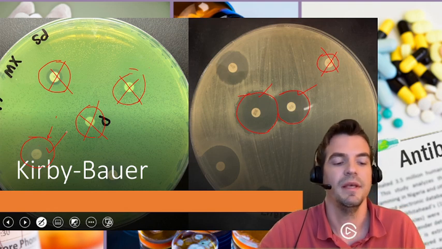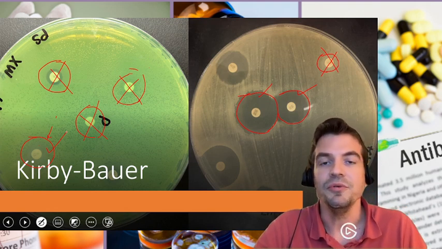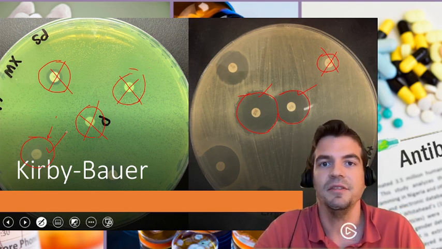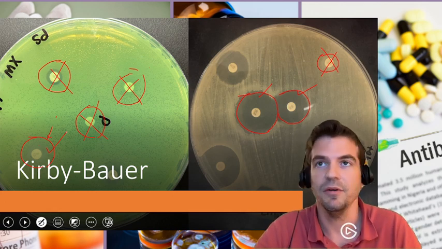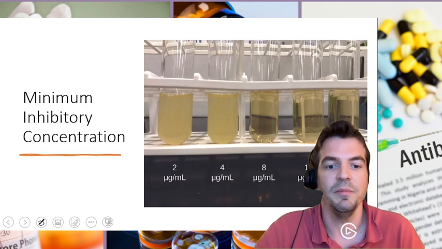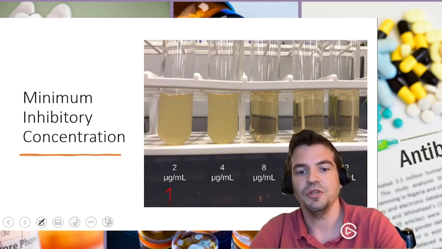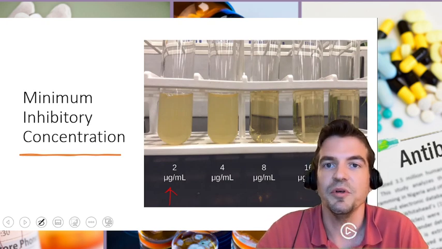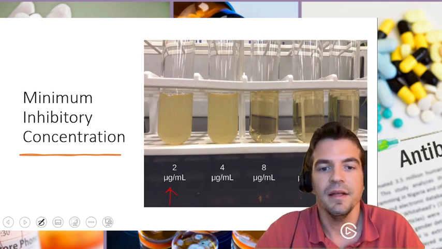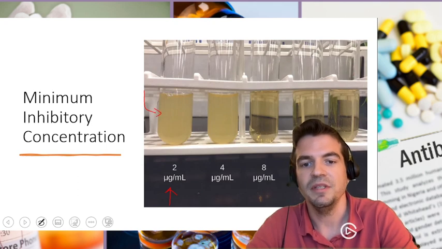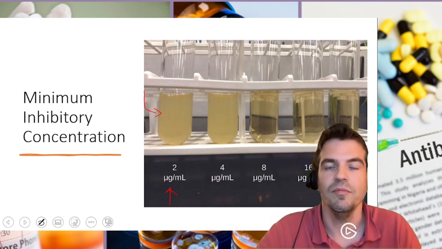So now, how much do you give? We had a guessing game here. We can also culture it at the same time we made this plate, in a minimum inhibitory concentration test. If I give that same drug at only 2 micrograms per milliliter, the bacteria does just fine. It might be lethal to it, but it can grow despite it.